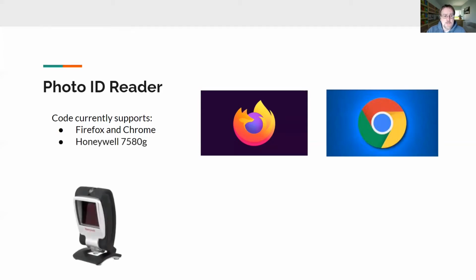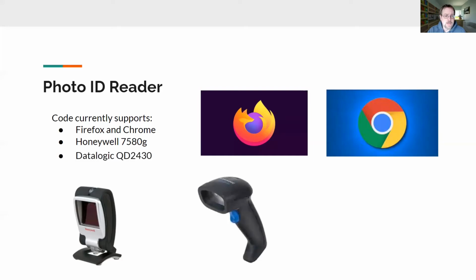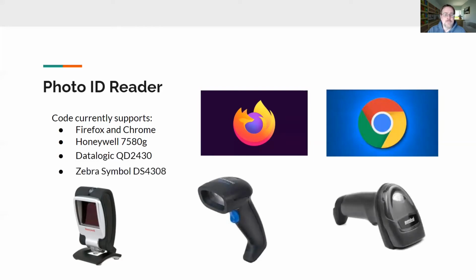The code also works with the Honeywell 7580G scanner, the DataLogic QD2430 scanner, and the Zebra Symbol DS4308 scanner. I tested with these three scanners. Initially, I tested with the Honeywell, and that worked.